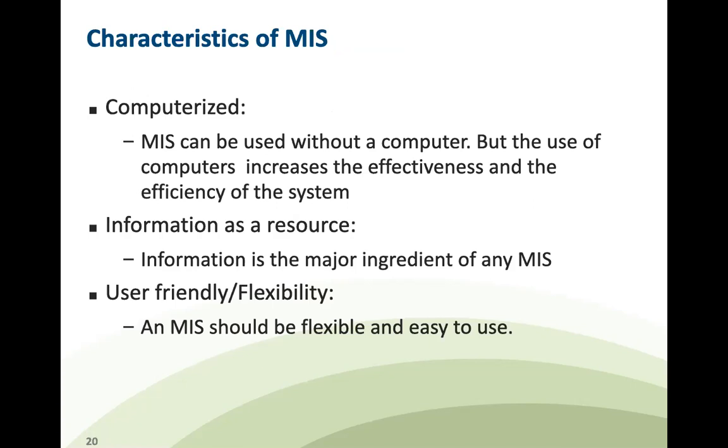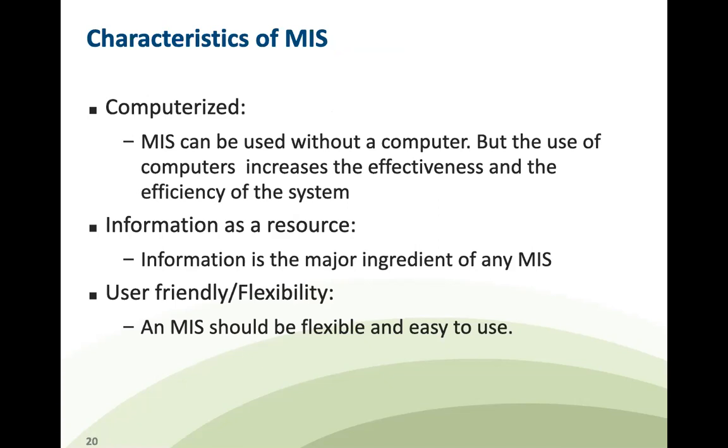Okay, now let's consider characteristics of management information systems. These management information systems are basically computerized. No need to have a computer; even without a computer, you can do it. But if you use computers, it will increase the effectiveness and the efficiency of the system.